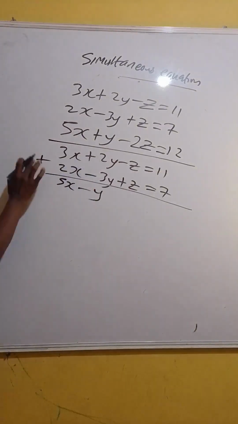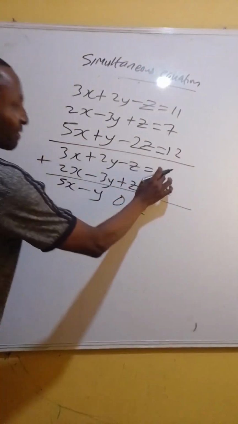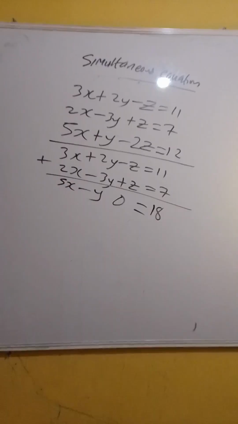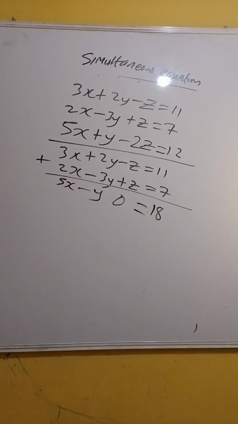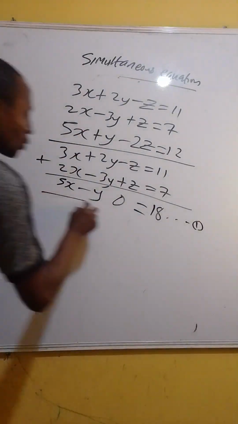Then minus z plus z will give us 0. And we have 11 plus 7, that will give us 18. Hope you guys can see that now. So 5x minus y equals 18. Call this equation 1 proper. Rule the line.